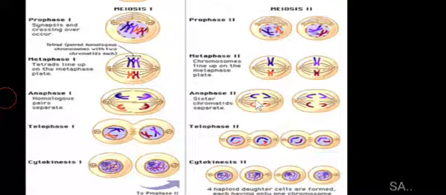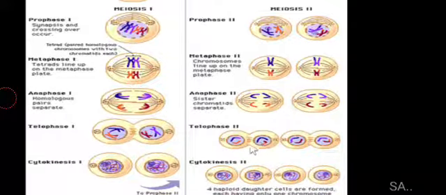After this, once these sister chromatids separate and start moving towards opposite poles, the cell will enter telophase 2. Here you can see easily that these chromatids will now be acting as independent chromosomes, their movement will cease, their movement will stop, and they will act as individual chromosomes here.